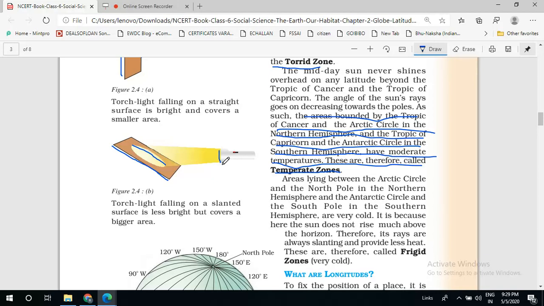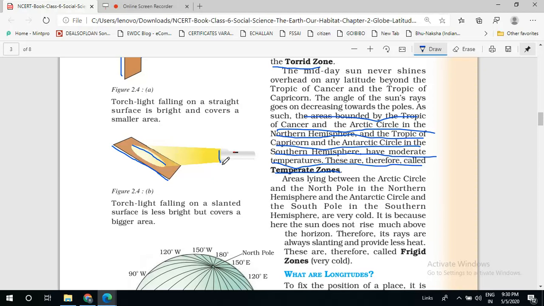The angle which is formed by sun rays becomes very low when we go towards poles, and this is the reason in this frigid zone the sun does not rise much above the horizon. It never comes overhead. Most of the times it is at the horizon.